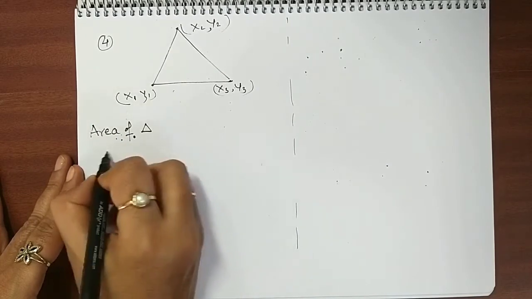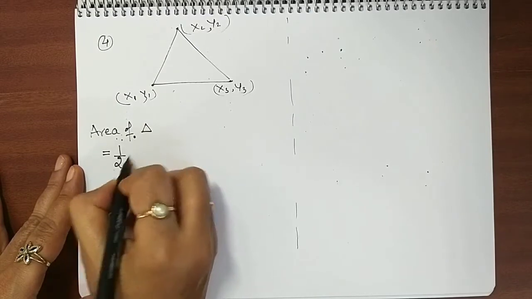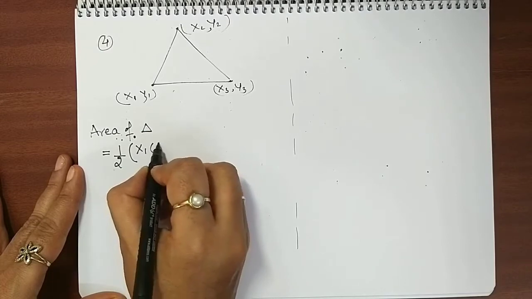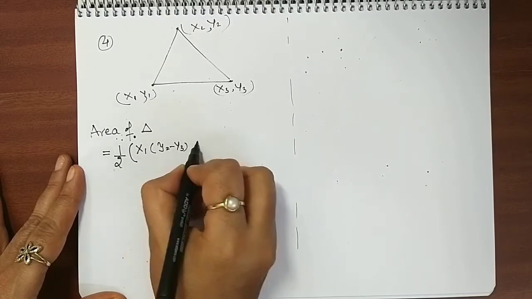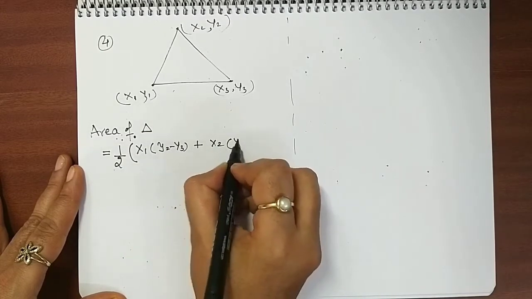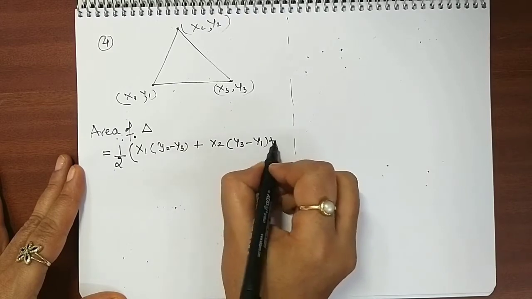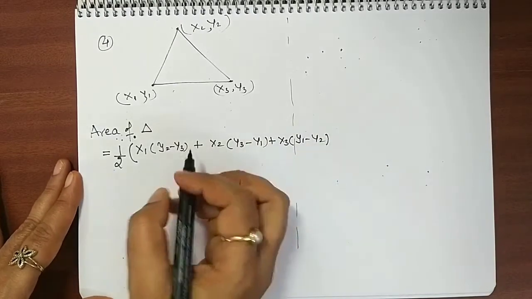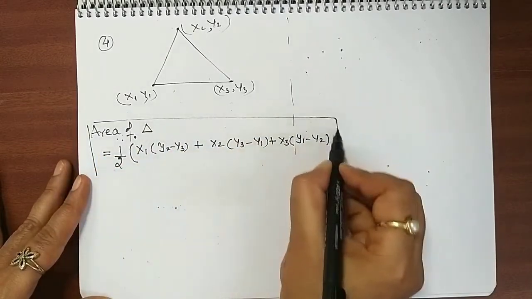It is given by 1 by 2, please listen carefully, x1 into (y2 minus y3) plus x2 into (y3 minus y1) plus x3 into (y1 minus y2). So this is the area of the triangle.